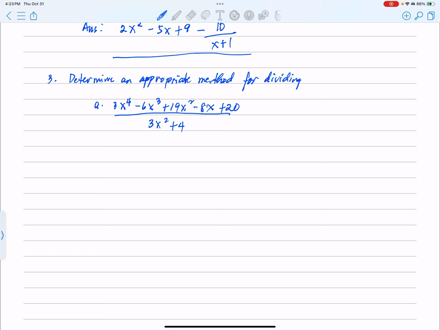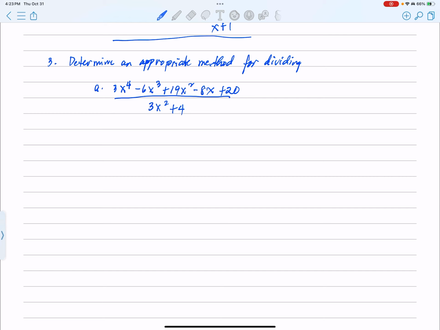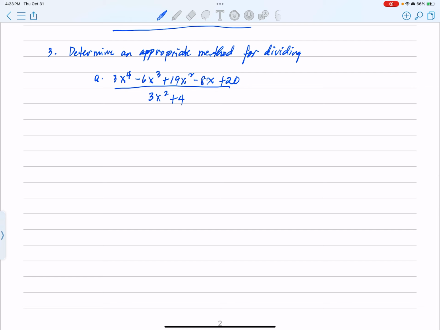We would come out with a fractional divisor. We can do that, but it takes time. What we want is an easier way, right? So I think the appropriate method here is using long division.